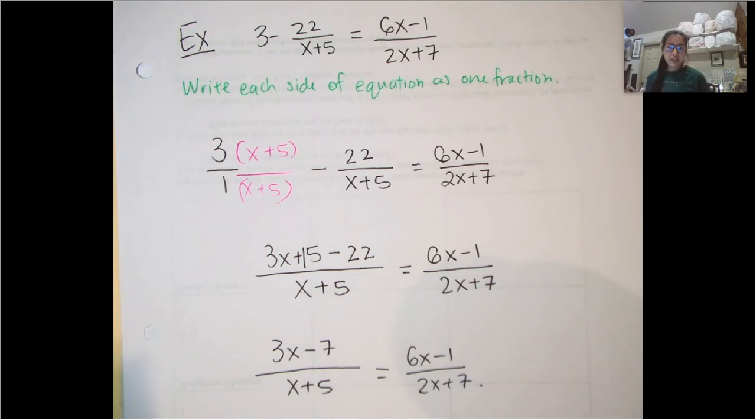Okay, so we've successfully written each side of the equation as one fraction, but it seems like this one isn't working out quite as nicely as that last equation that we went over. That is okay.